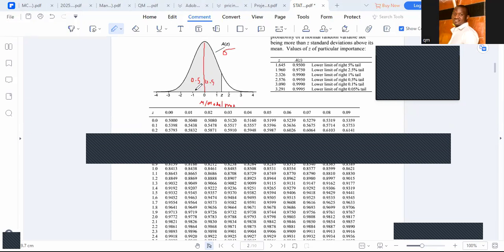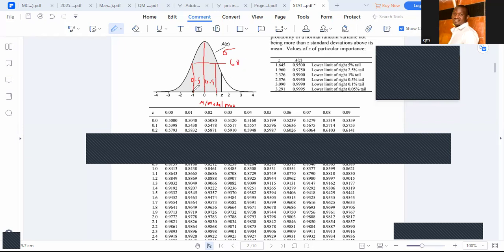It follows the empirical rule, which simply implies that 68% of the data lies between 1 and -1 standard deviation. So this area from here up to here is 68%.